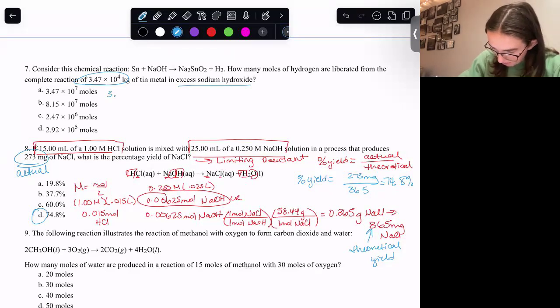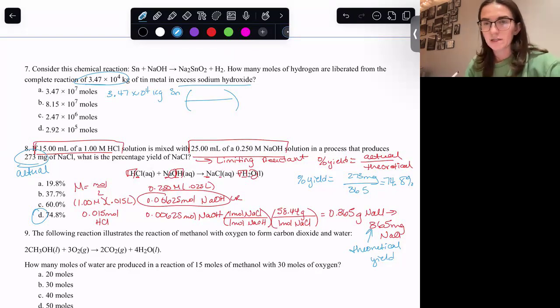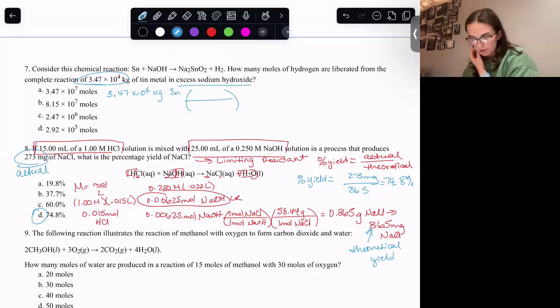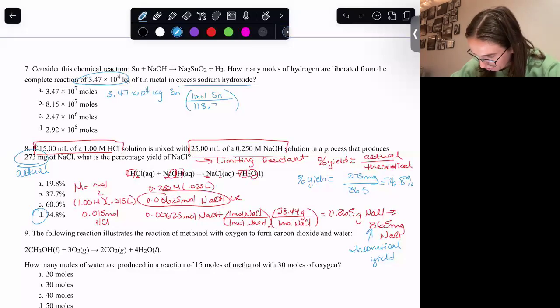So you're going to do 3.47 times 10 to the 4th kilograms of tin. We need to get into moles. Does anyone know what the molar mass of tin is? 118.7 grams.